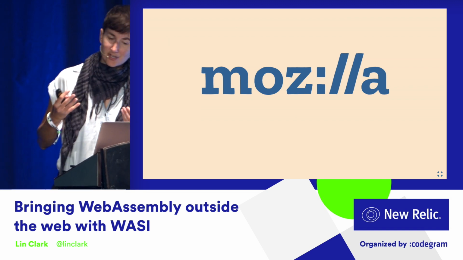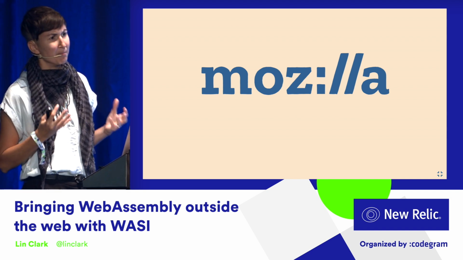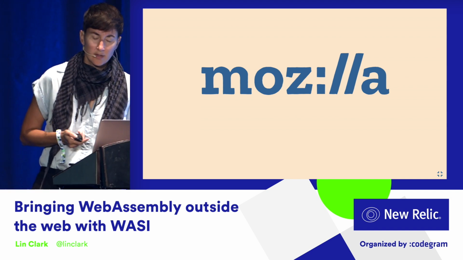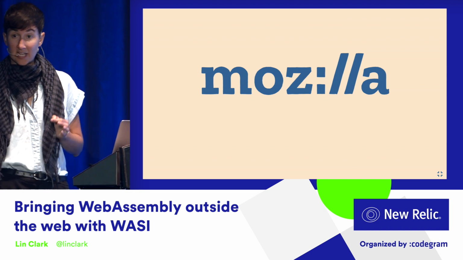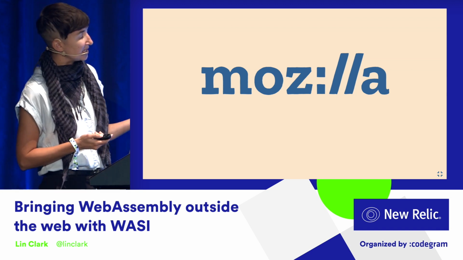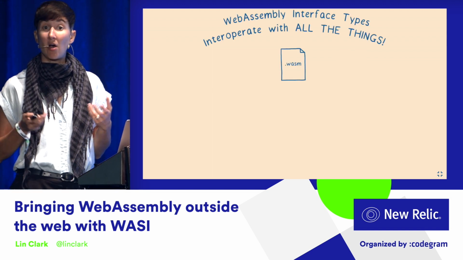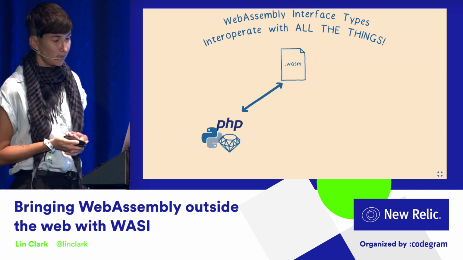So I want to set the stage a little bit here and explain what that WebAssembly outside the browser means. So with WebAssembly outside of the browser, we're taking WebAssembly beyond just interoperability with the web platform and on to interoperability with all of the things.